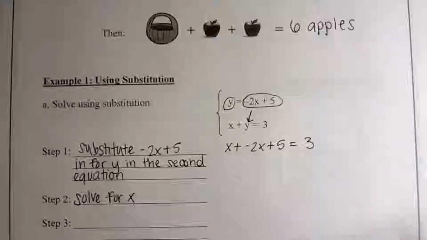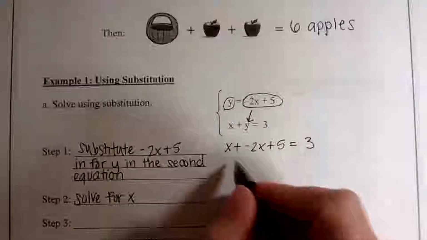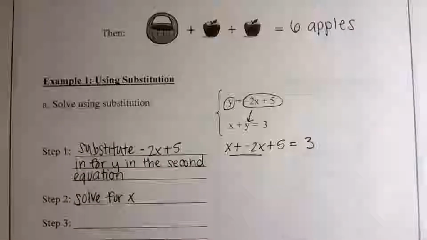So that's just a simple equation. What is the first step going to be? Combine like terms. So my like terms are x plus negative 2x, and what is that?